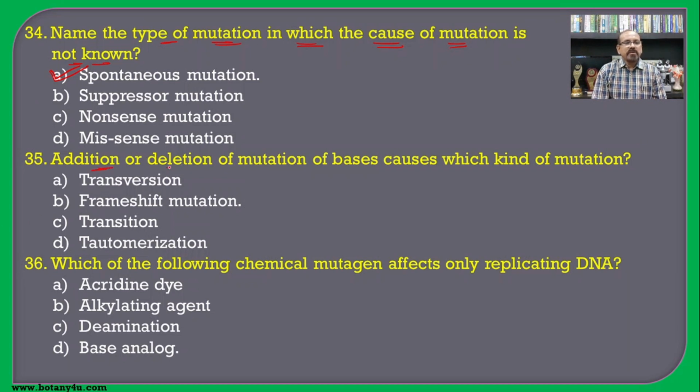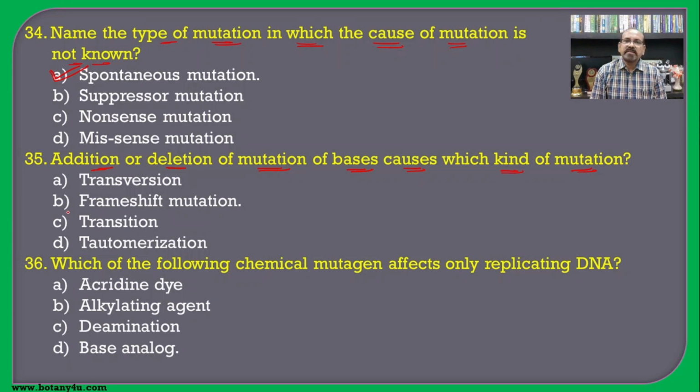Then addition or deletion of bases causes which kind of mutation? So if there is either addition of nitrogen bases or deletion of nitrogen bases, which results in a change of sequence of nitrogen bases on the DNA molecule, and that results in the formation of a different protein.